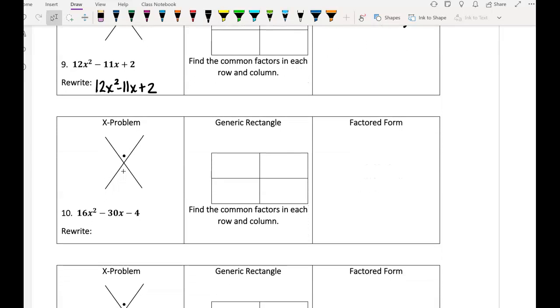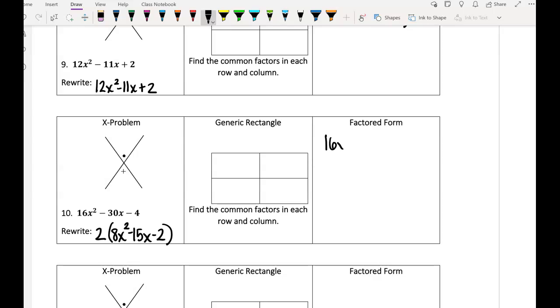Number 10, 16x squared minus 30x minus 4. There is a GCF here. 16, 30, and 4 all have a 2 that can come out. So this should be rewritten as 2 times 8x squared minus 15x minus 2.